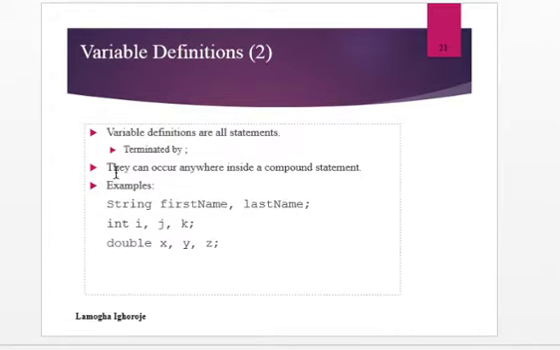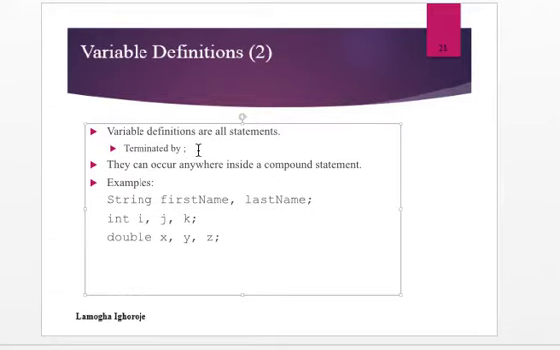Now, variable definitions as well. When you're defining a variable, you terminate it. They're like statements. All the definitions, like saying string cup, I'm creating a string type of cup. And it's a statement.